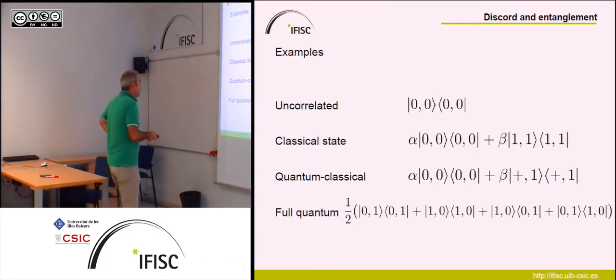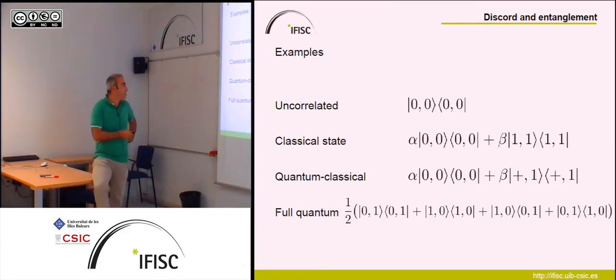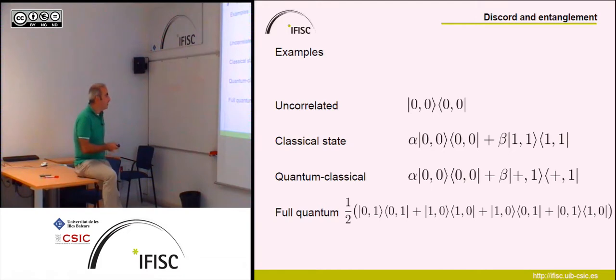A quantum-classical state of this form, for instance, the second is orthogonal. We have two orthogonal states, 0 and 1, and the first is not. Here I put 0 and here I put plus, which is the sum of 0 plus 1, for instance: an orthogonal object and a non-orthogonal object. This is just the maximally entangled state, which is fully quantum.